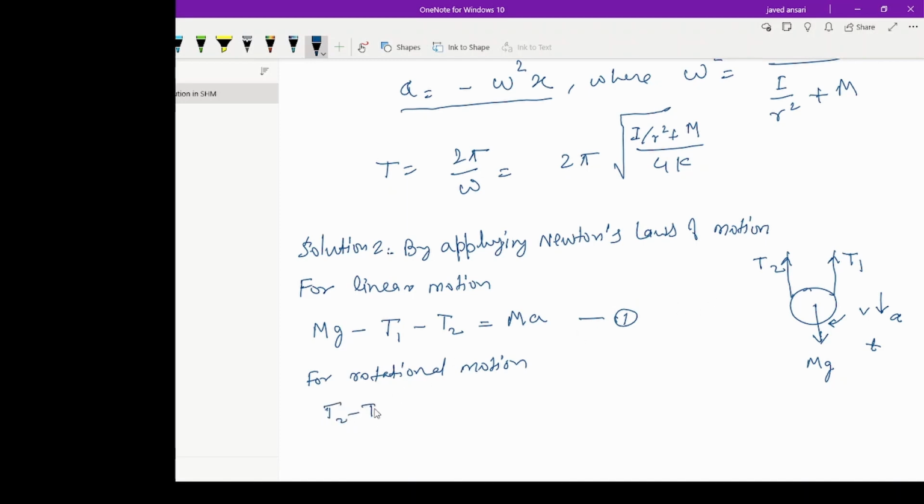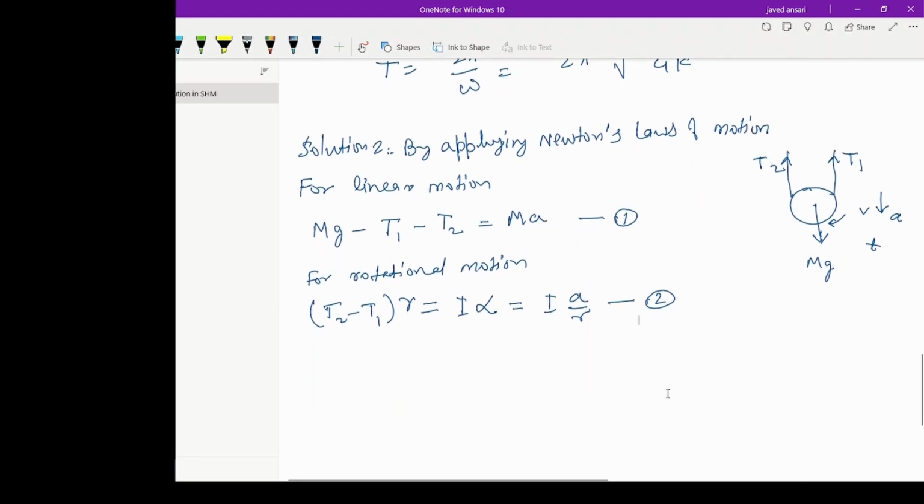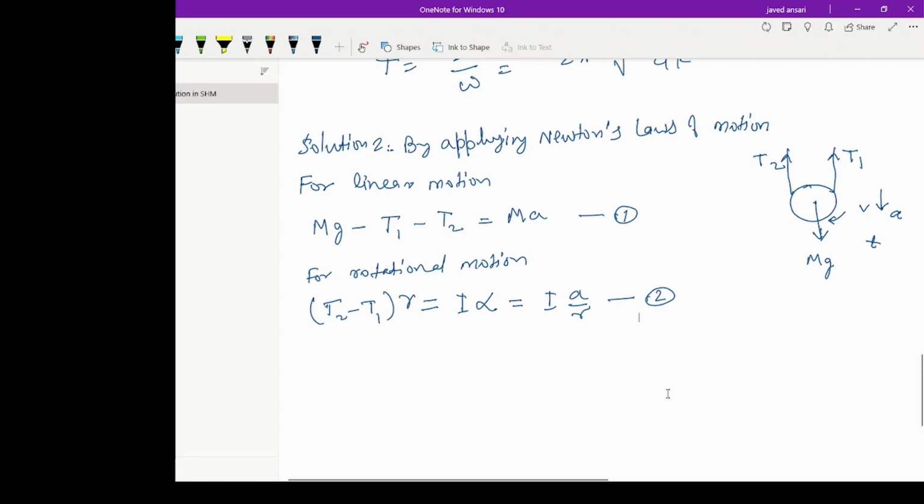T2 minus T1 times R. This is the rotational force, equal to I alpha, where alpha is the angular acceleration. Or you can also write I times a by R, equation number 2, right? So we considered linear motion and rotational motion of the pulley.